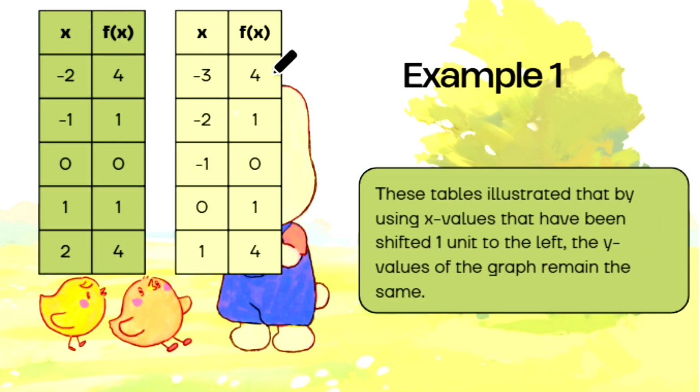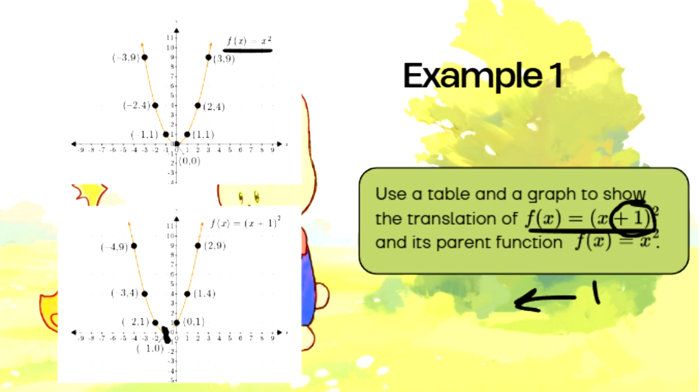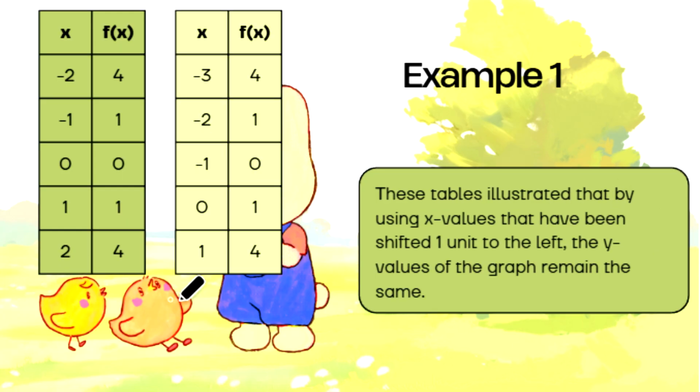So if we keep the same y values and we just shift these left 1 unit, so if we're already at -2 and we go 1 more to the left, it's -3. If we're at -1, we go 1 more to the left, we're at -2. That's all they did. The y values of the graph will remain the same. Okay, so if we do what this formula is telling us to do and move 1 to the left, then we can keep all of our y values the same.